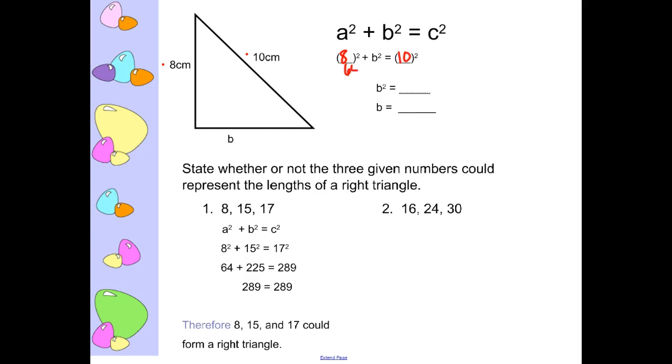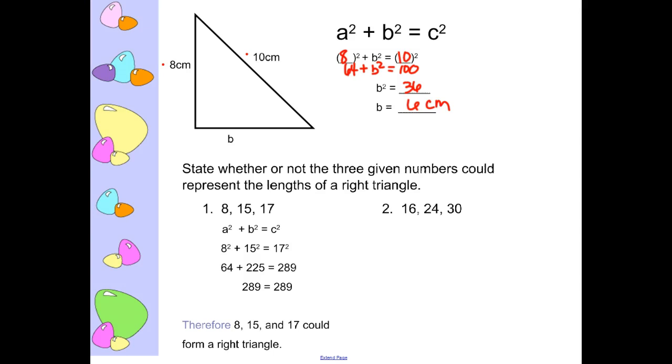So we've got 64 plus B squared equals 100. Now, what do I have to do to get B squared alone? That's right, we've got to subtract 64. So 100 minus 64 is 36, and B squared equals 36. So B is the square root of 36, which is 6. And again, we have to put units because we're measuring 6 centimeters.